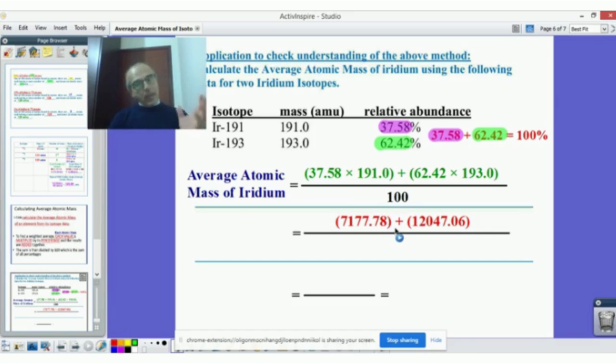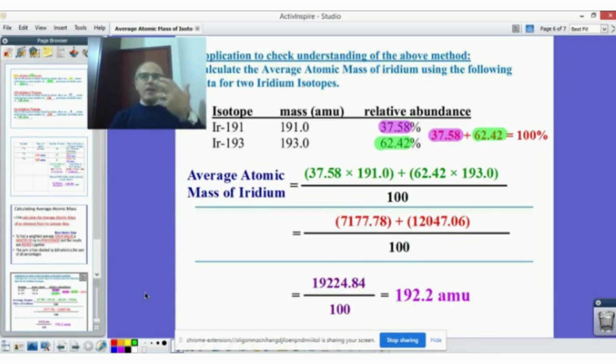If I add them and divide by 100, I get the average atomic mass of the element iridium, which is 192.2 AMU. So this is how to teach the students in an effective way, in a student-centered learning method, how to calculate the average atomic mass of a certain element.